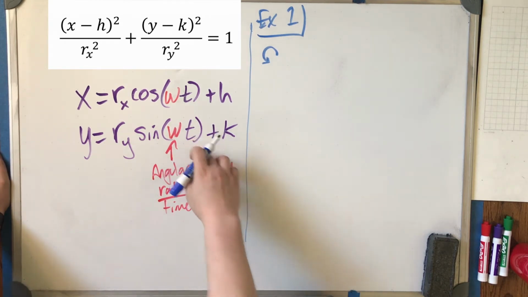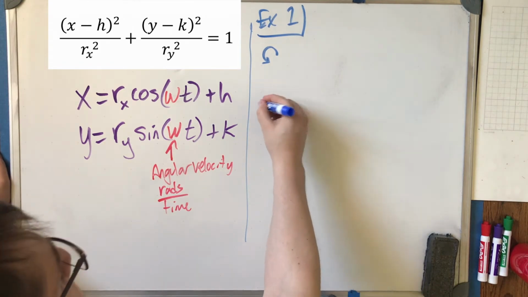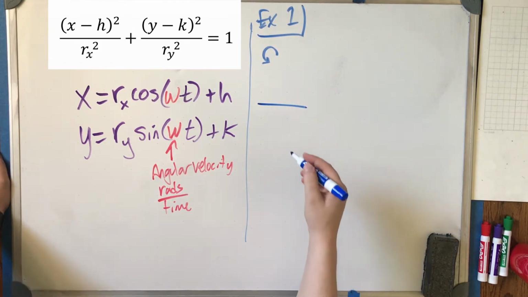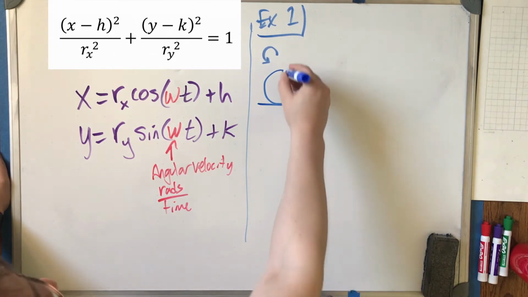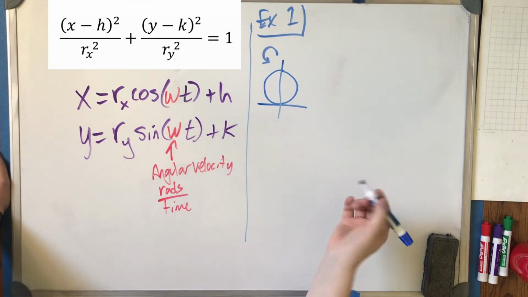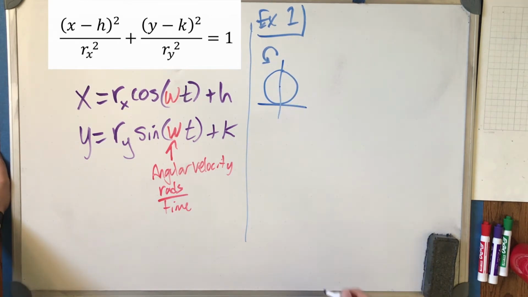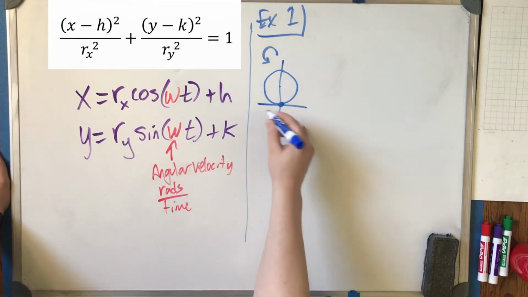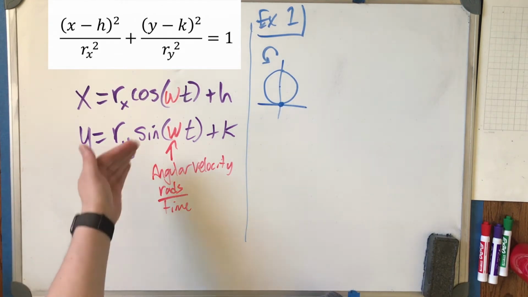So let's think about this. We have a merry-go-round, which I'm going to draw right here. What I need to do is have 0, 0 somewhere. Typically we don't put 0, 0 in dead center of a circle. We typically put it at the bottom, so that the y value is never going negative.